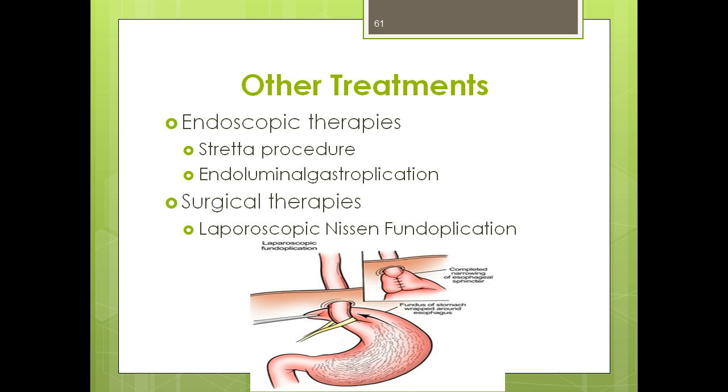Then they have what they call the gastroplication procedure, and that's when the physician goes in and tightens up the lower esophageal sphincter through the endoscope, and they suture it.